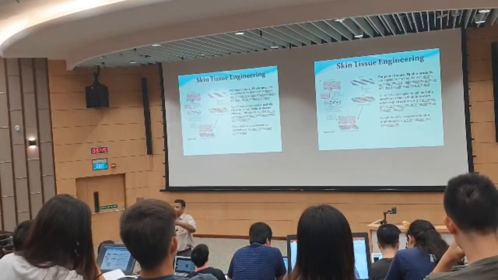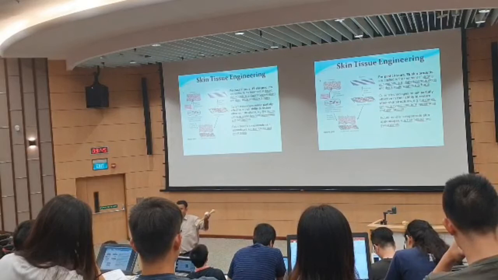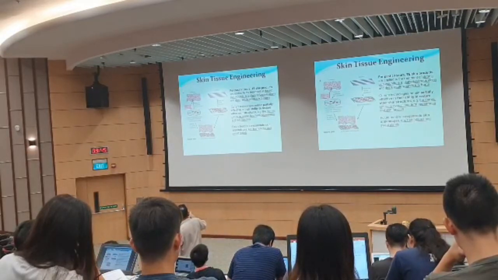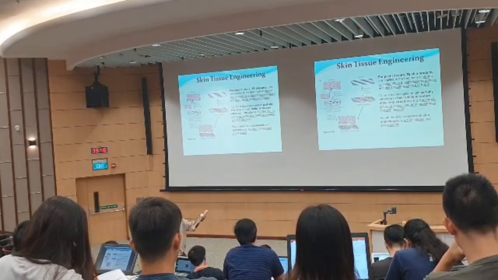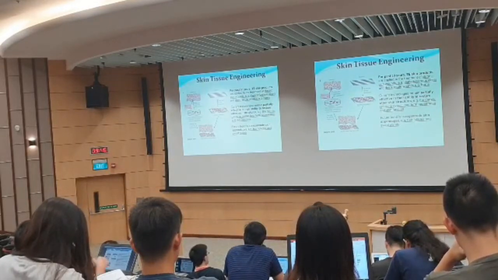So it's a mixture of the scaffold in one place and the cells from a patient in another place. We grow the cells artificially in the lab, and then we place the cells onto the scaffold. Now there is a combination of the cells present in the scaffold. They are attached and growing inside the scaffold.